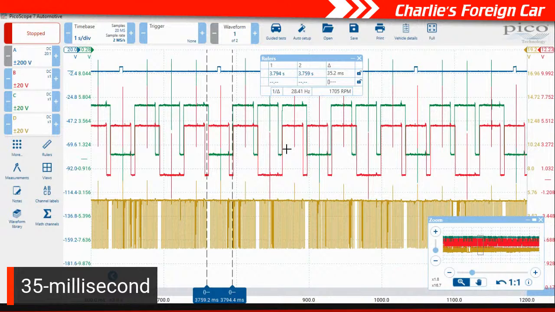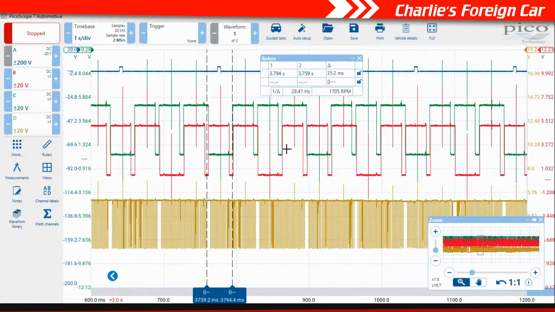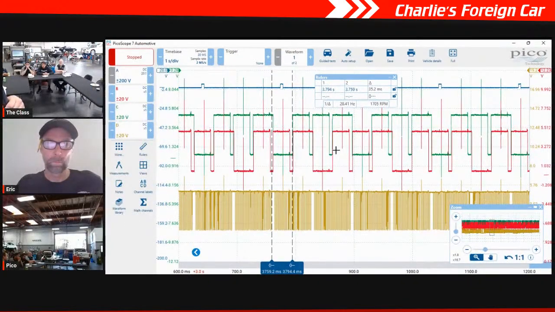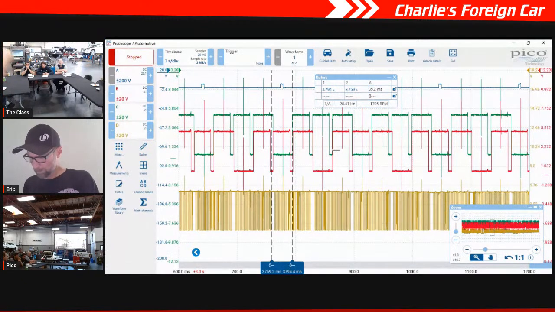And then we know that's a full rotation because on the crank side, you have 1, 2, 1, 2, right? So there's 2 rotations of the crank to 1 of the camshaft. They each mean 1 360-degree revolution. So that's 35 milliseconds.